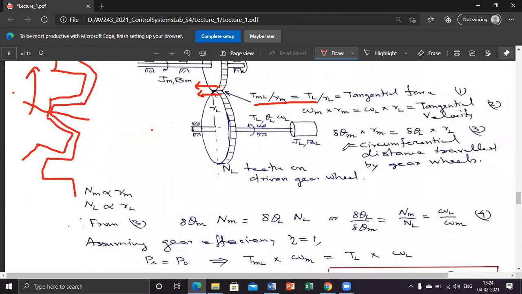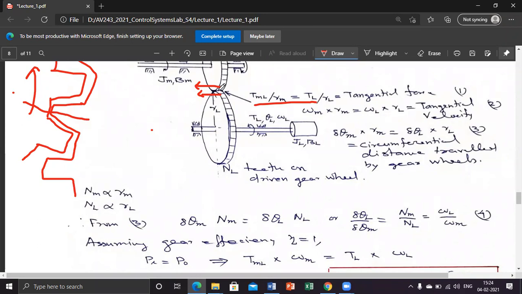And the third relationship is that the circumferential distance traveled by both the wheels is the same. Assume there is a delta theta m rotation for the driving wheel and delta theta L rotation for the driven wheel.